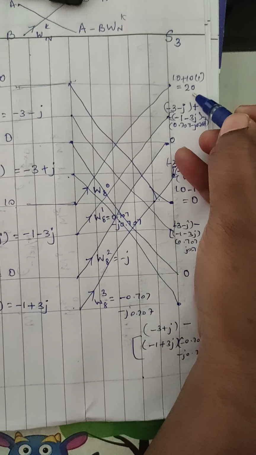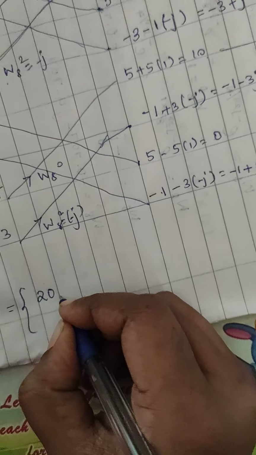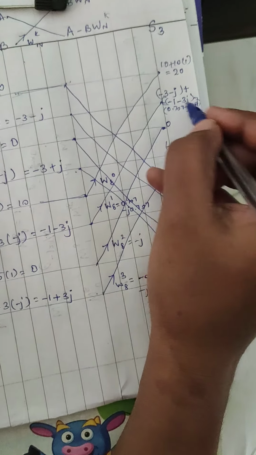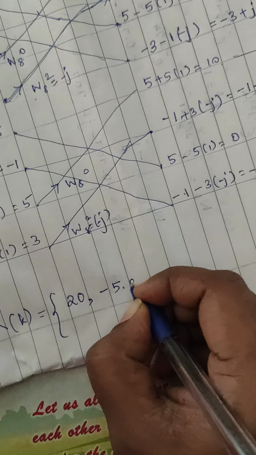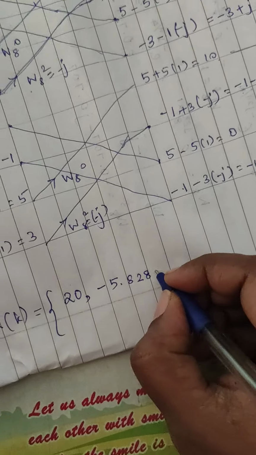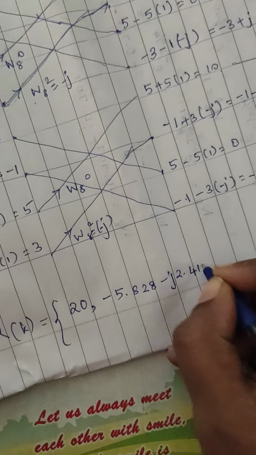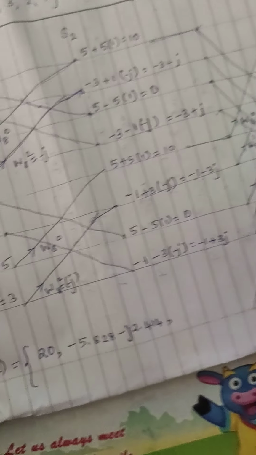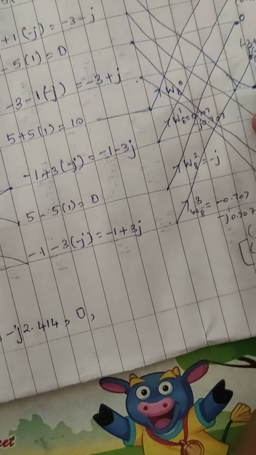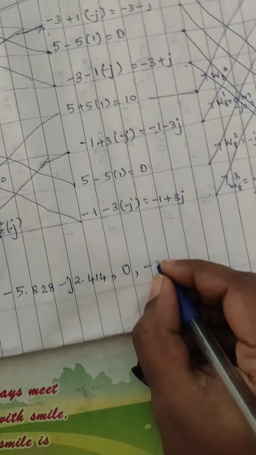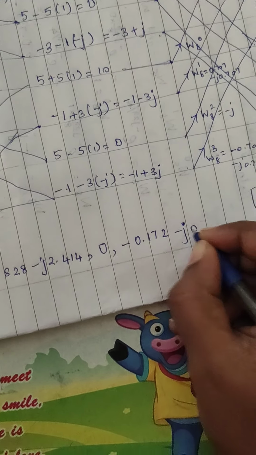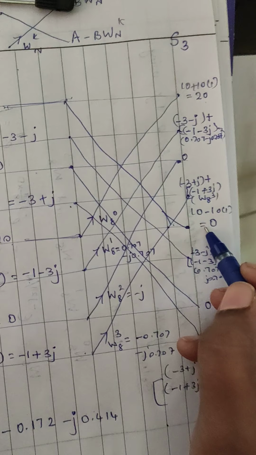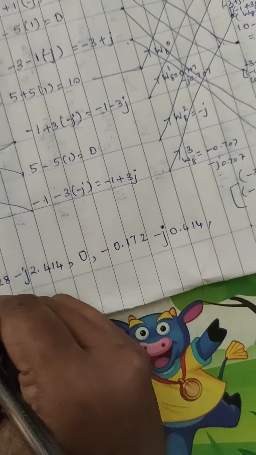What is the first value? The first output is 20, comma. What is the next one? If you multiply everything, you will get this answer, and you can check it: minus 5.828 minus j 2.414. And what is the next value? It is 0. What is the next value? If you multiply all these things, you will get one answer, so you can check whether you are getting the same answer: 0.172 minus j 0.414. Similarly, what is the next one? It is 0.